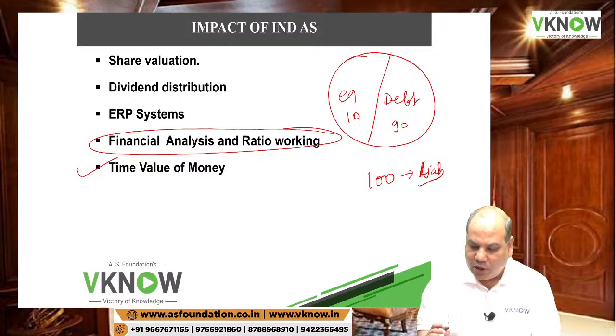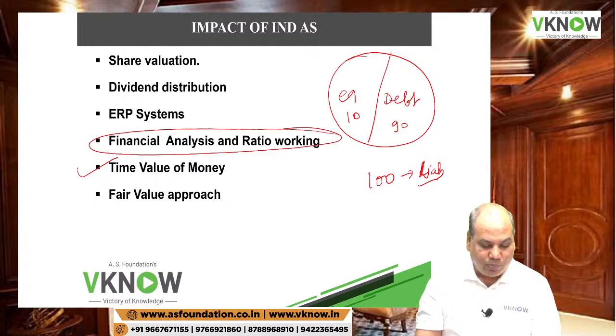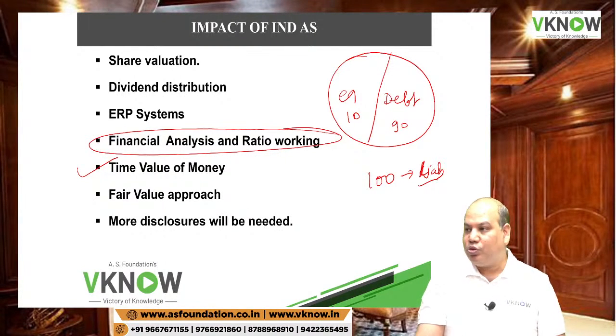The role of time value of money has increased. Every time there is a gap of more than 12 months, whether it is an asset, liability, employee payment, or financial instrument valuation, you need to do the discounting. The fair value approach has to be followed in more and more standards. More disclosures will be needed. Now the balance sheet has become very voluminous.